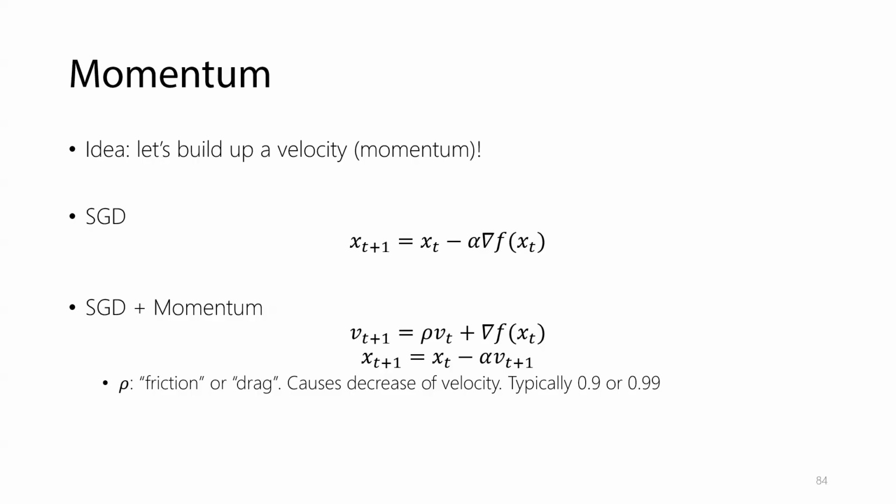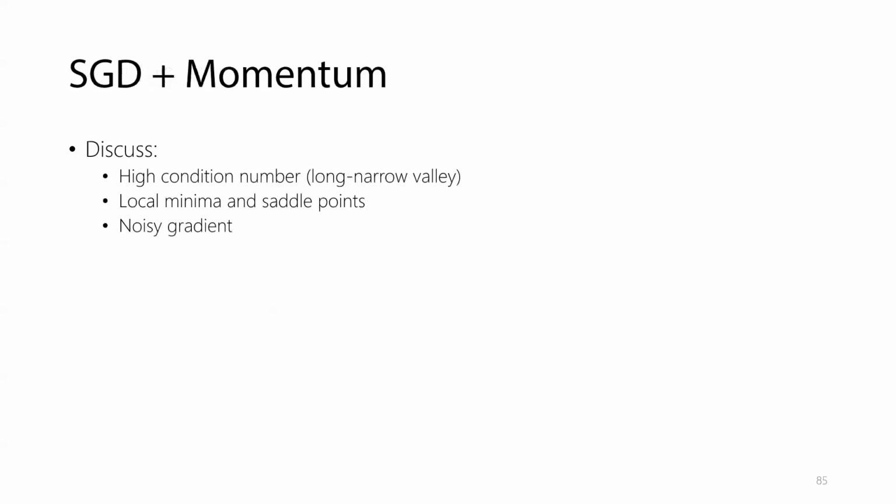Once you have the velocity, that is what is going to move the current solution to its new position. Assuming that many of you are familiar with this high school level physics, this is really just a simple tweak that you can make to the gradient descent algorithm. So that's called the momentum method.